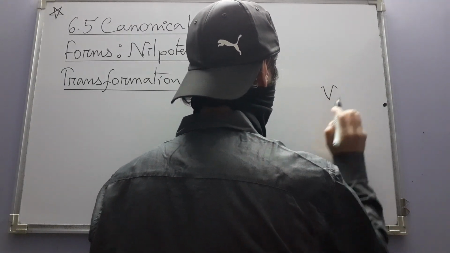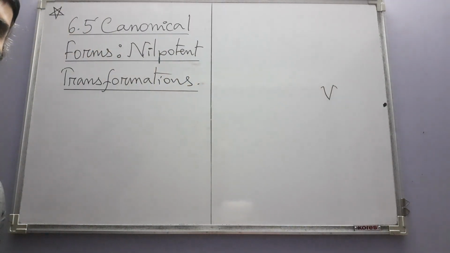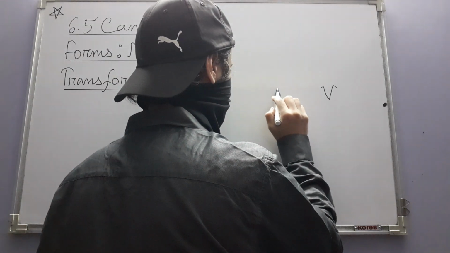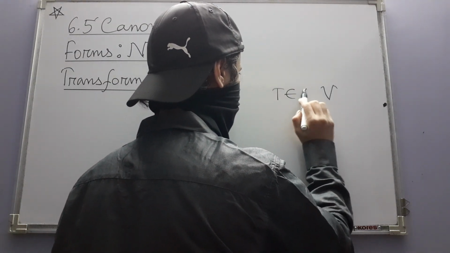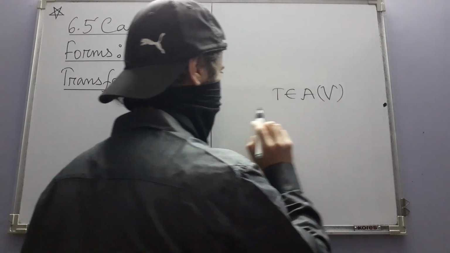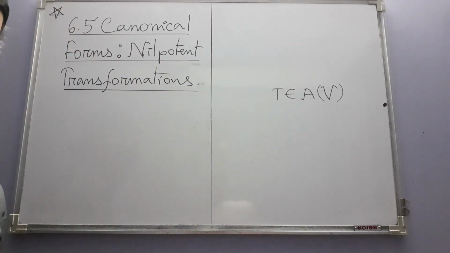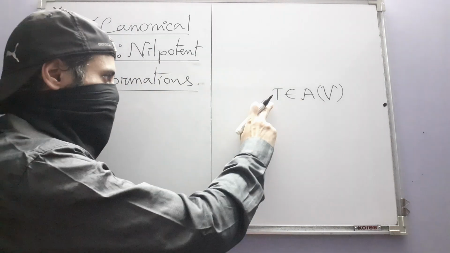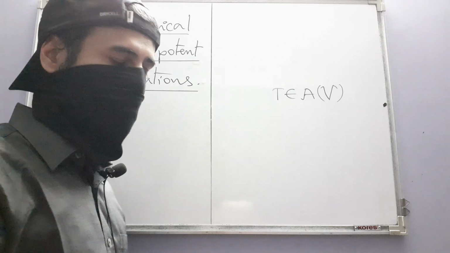We had a finite dimensional vector space V and a linear operator T on V, an element T in the operator algebra A of V. And this T had a condition on it.